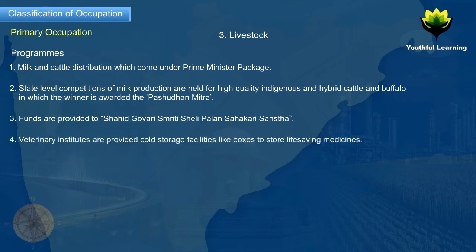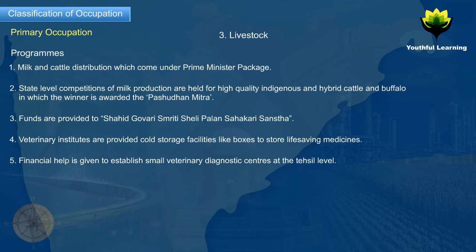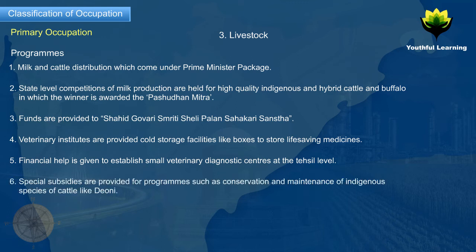4. Veterinary institutes are provided cold storage facilities like boxes to store life-saving medicines. 5. Financial help is given to establish small veterinary diagnostic centers at the tehsil level. 6.